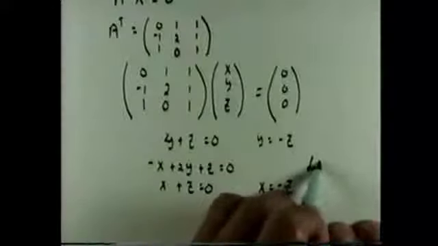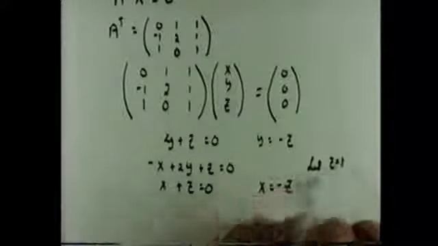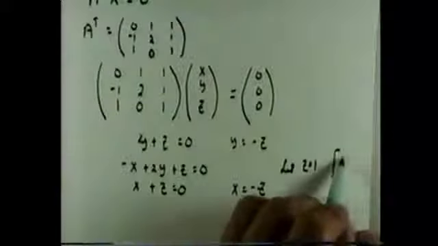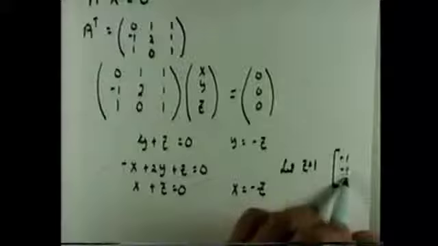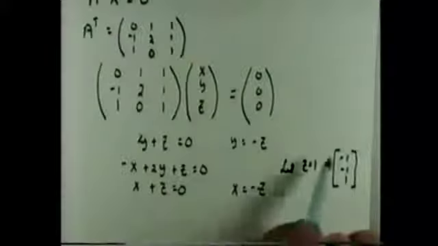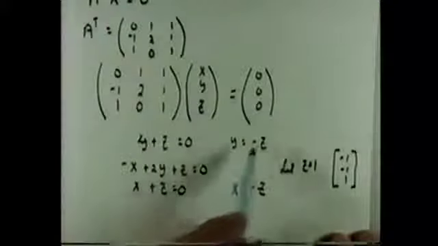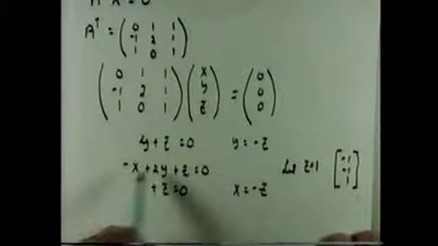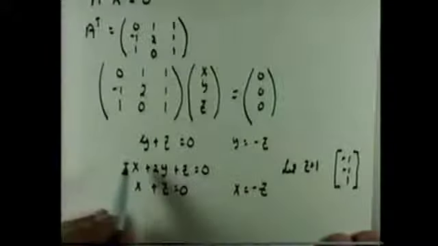So if I let z equal 1, then I'd have a solution of negative 1, negative 1, 1. Because if z is 1 and x is the opposite of z, x would be negative 1. y is the opposite of z, y would be negative 1. Well, let's check and see if this middle one works.